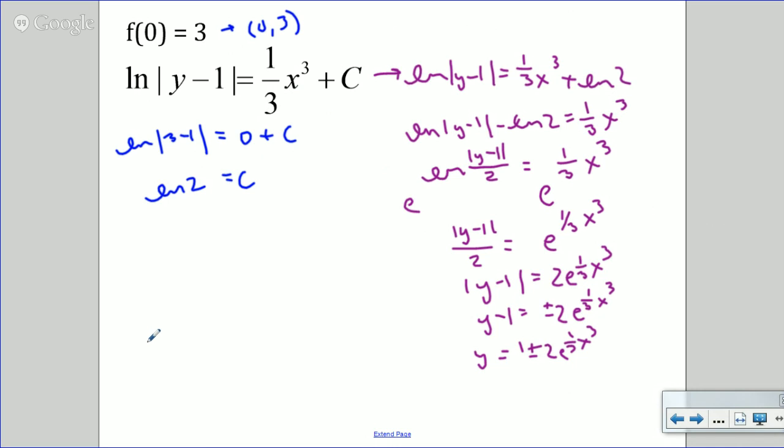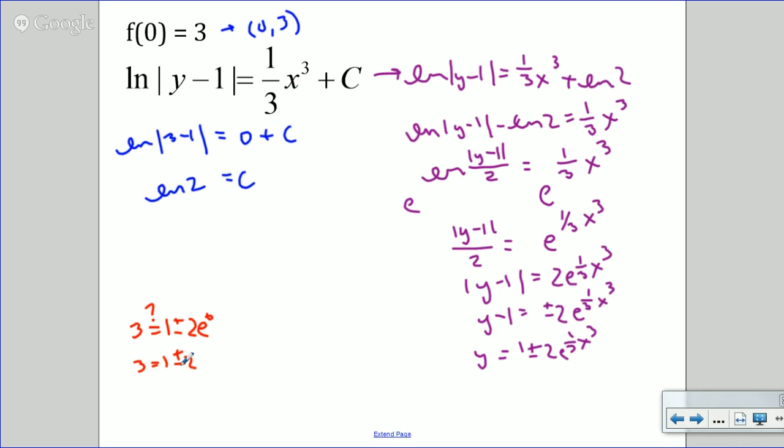So x is 0, y is 3. So we need 3 to equal 1 plus or minus 2e to the 0. Well, e to the 0 is 1.